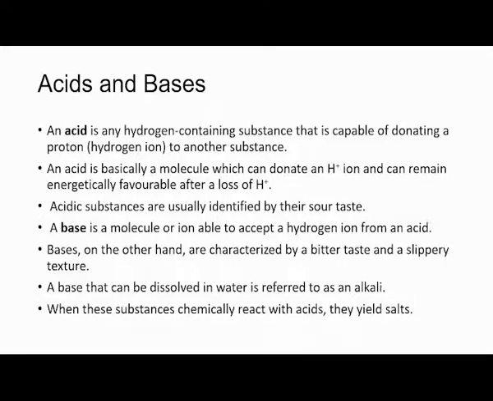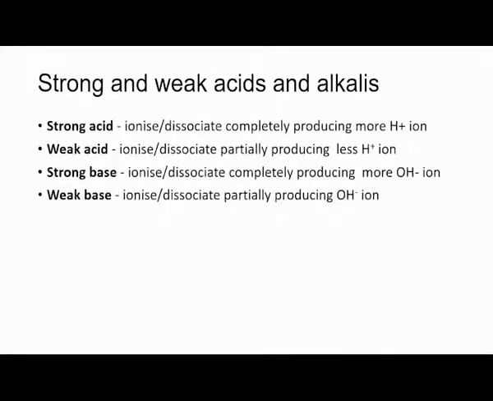Acids and bases. Students are expected to read through the properties of acids and bases and know the difference, and be able to define acids and bases in terms of hydrogen or proton donors and proton acceptors. Then you move to strong and weak acids and alkalis.